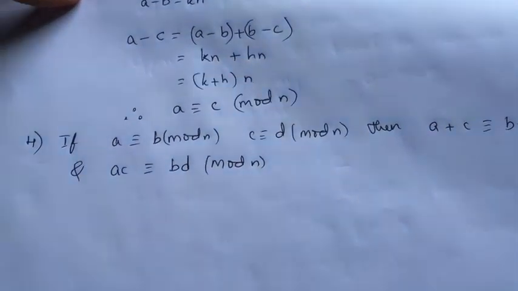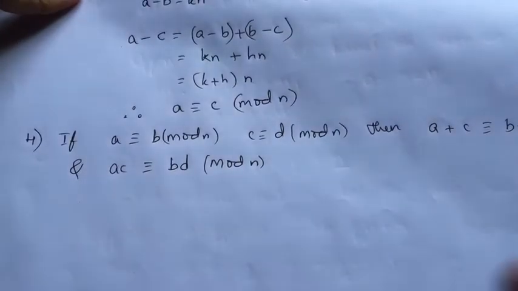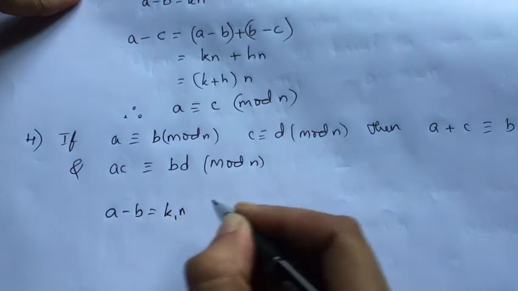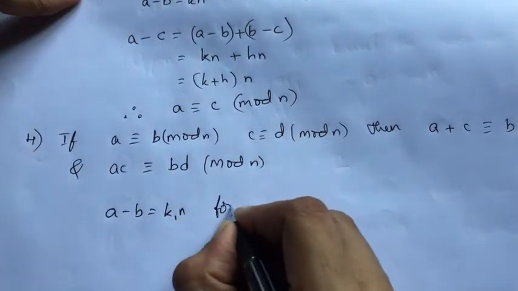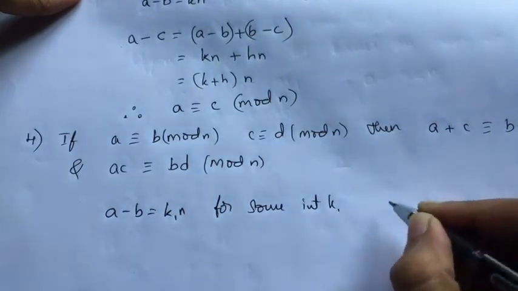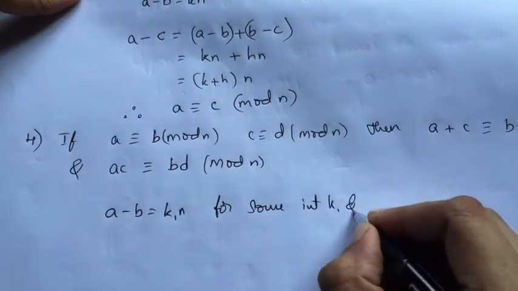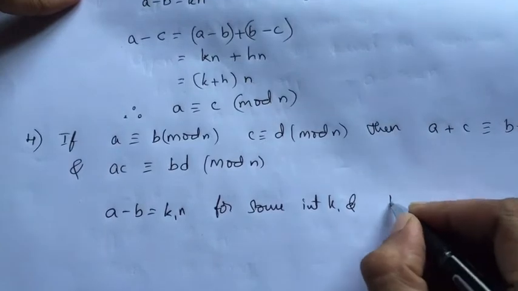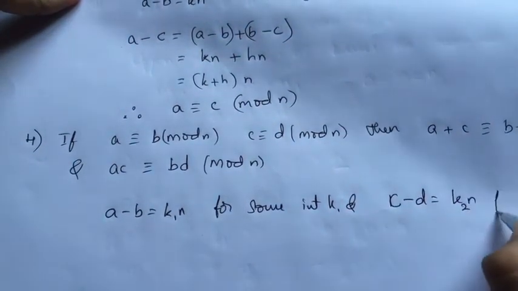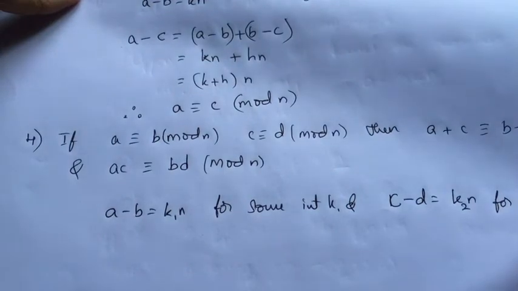So for some integers k1 and k2, I'll write A minus B equals k1 n, and C minus D equals k2 times n.